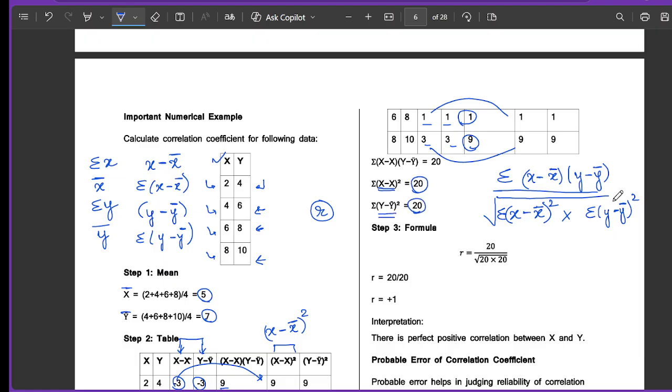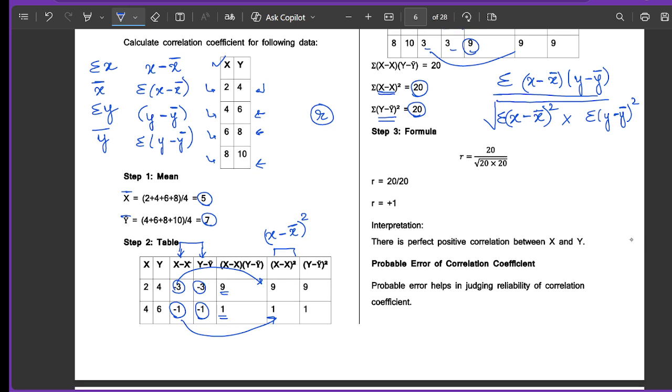So finally they calculated the coefficient of correlation, and what did it come out to be? The summation of the products of the two differences is 20, upon root of 20 multiplied by 20. So the final answer comes out to be plus 1. Plus indicates the direction and 1 indicates the magnitude.